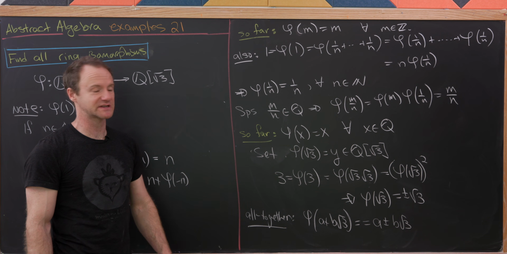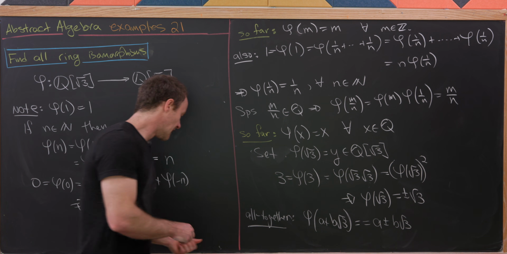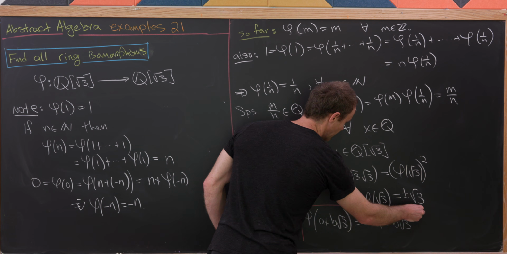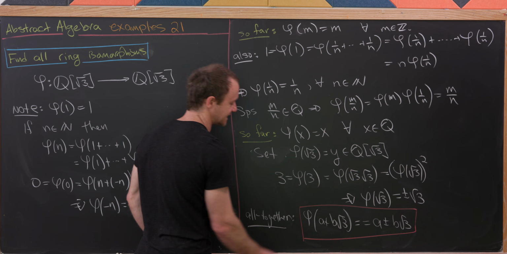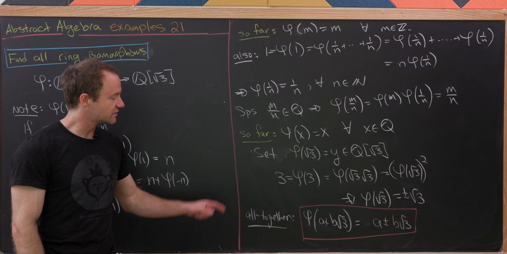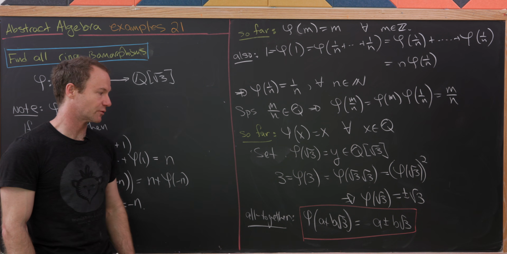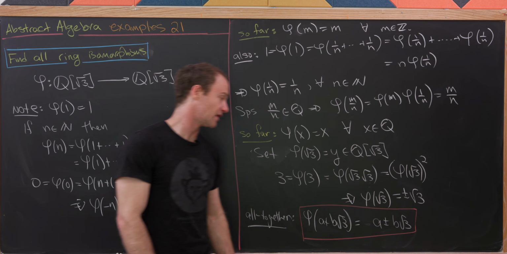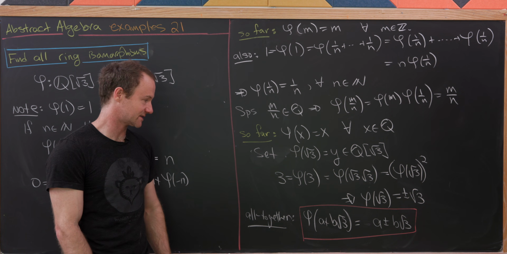All of the rational numbers have to be fixed though. And then from here, all you have to do is check that each of these is indeed an isomorphism, which is not super hard to do. So let's notice that we have exactly two isomorphisms, one attached to the plus and one attached to the minus.